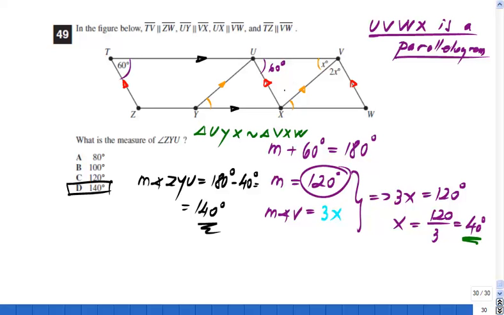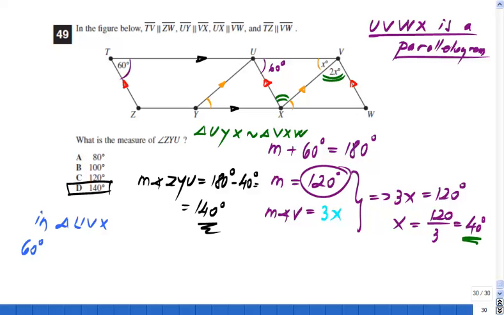Okay, this angle here is actually 2x, right? Let's go with the triangle. I'm just trying to see if there is a faster way. In triangle UVX, I know that 60 degrees, right?